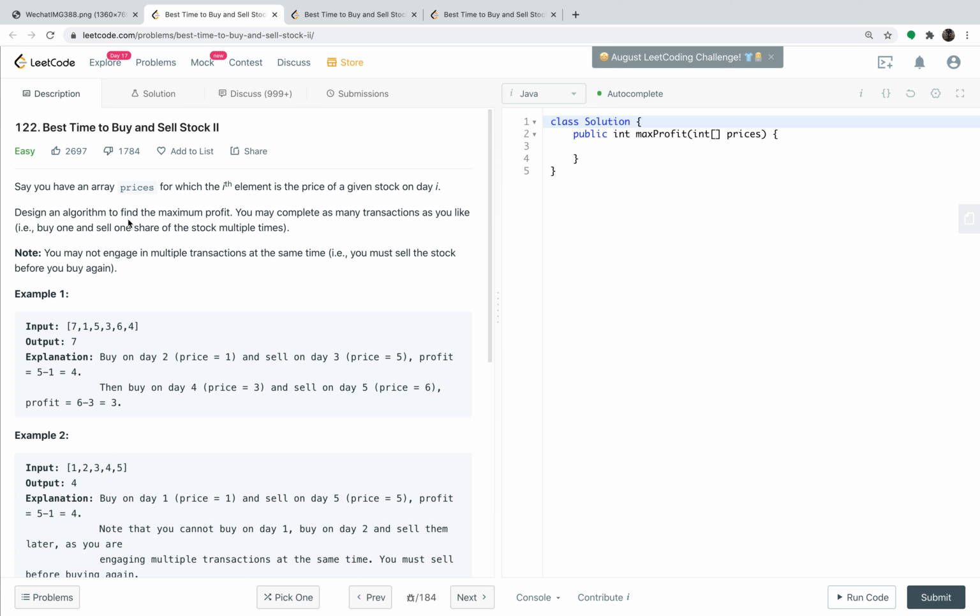So that means, for example, if you buy at position i, you cannot buy it again at the position i.